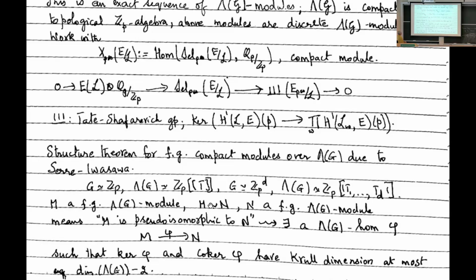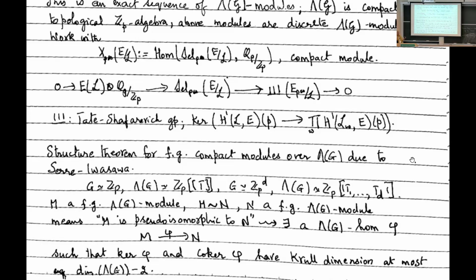I'll use this notation tilde to say that these two modules are pseudo-isomorphic, which means that there's a module homomorphism between them, such that the kernel and the cokernel have codimension at least 2. Codimension with respect to this ring, right? Both of these are modules over Iwasawa algebra. In this particular case, this ring itself has dimension 2. So codimension 2 just means that the kernel and cokernel are finite.